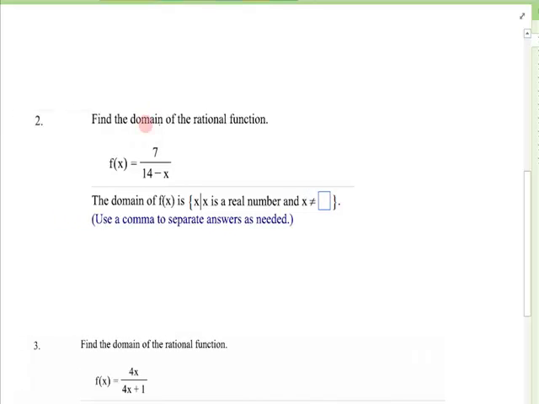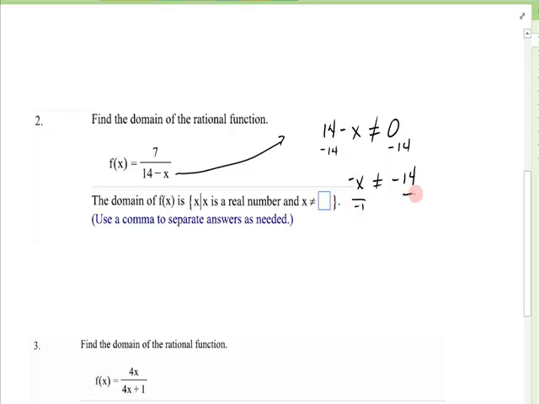Number 2, find the domain of the rational function. Once again, the denominator, 14 minus x, cannot equal 0. So let's solve this. Most people would subtract 14, so negative x cannot be negative 14, because its sign needs to go down with it.